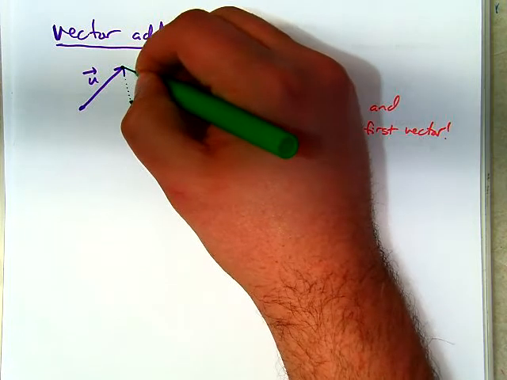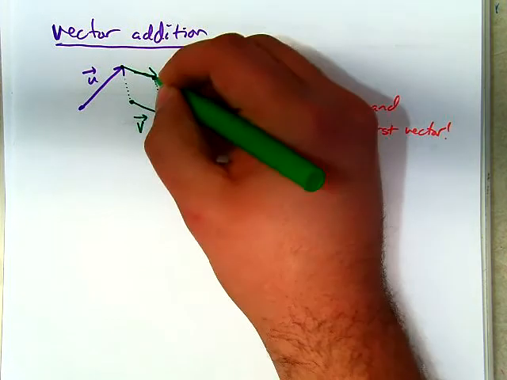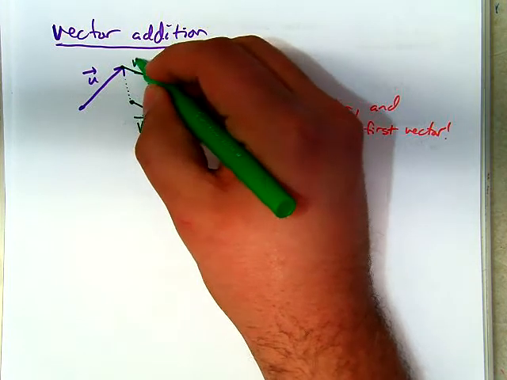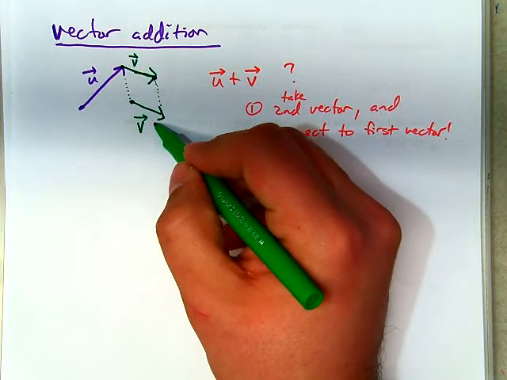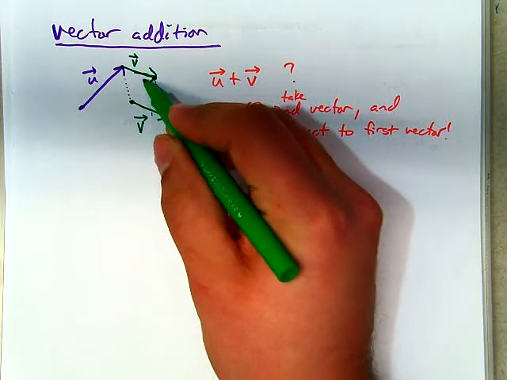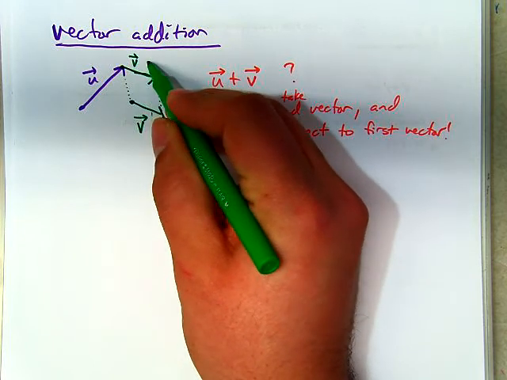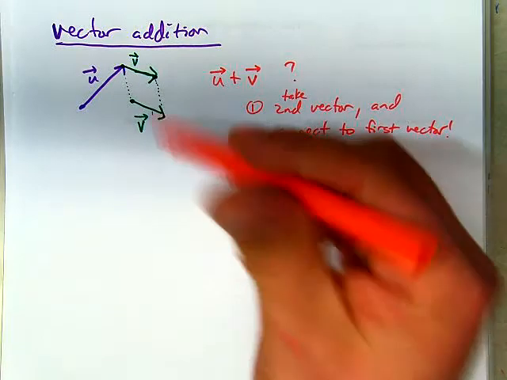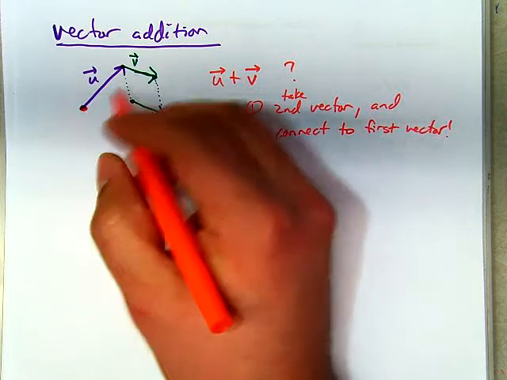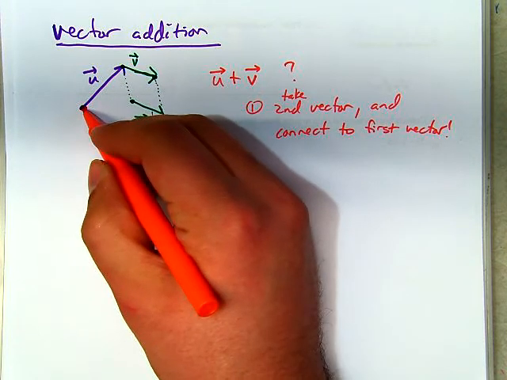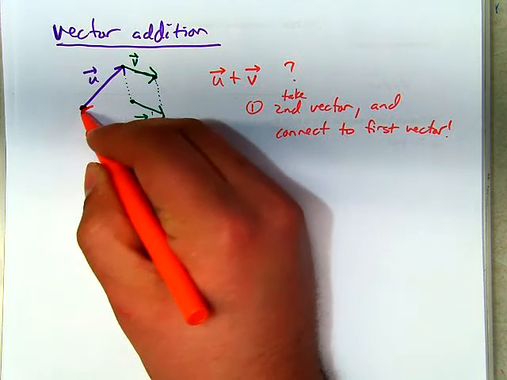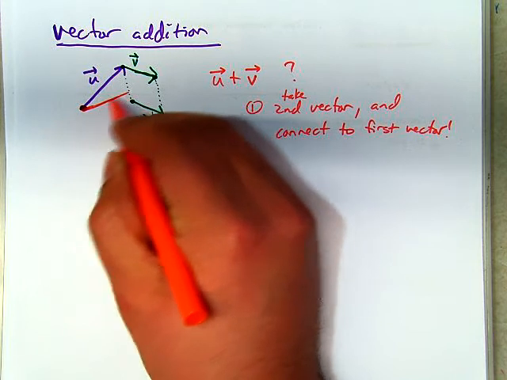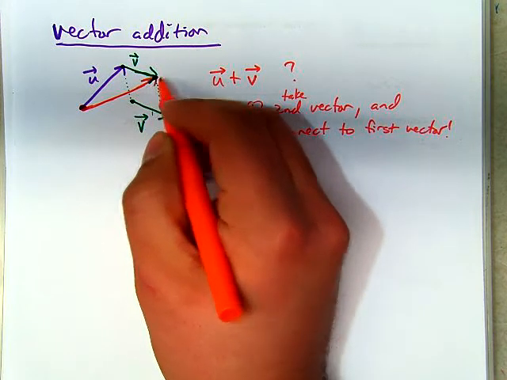So that now what I've done is created essentially another copy of V. So I've taken V, translated it so that now it connects to U. And now U plus V is simply going to be the vector that you create from the very beginning, which is the first point of U, all the way to the end of V.